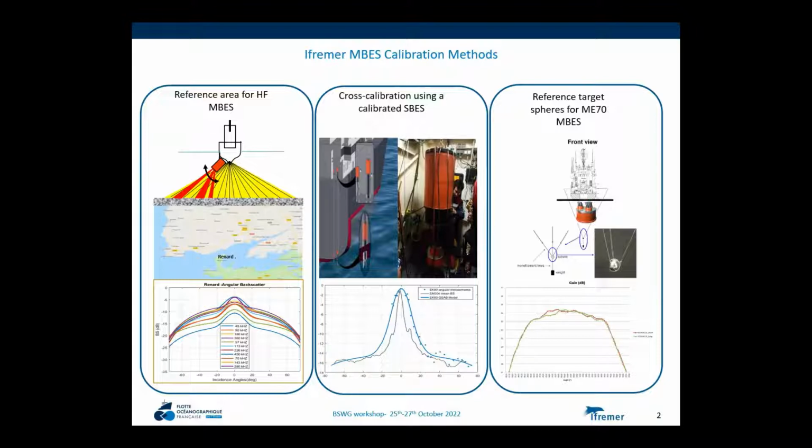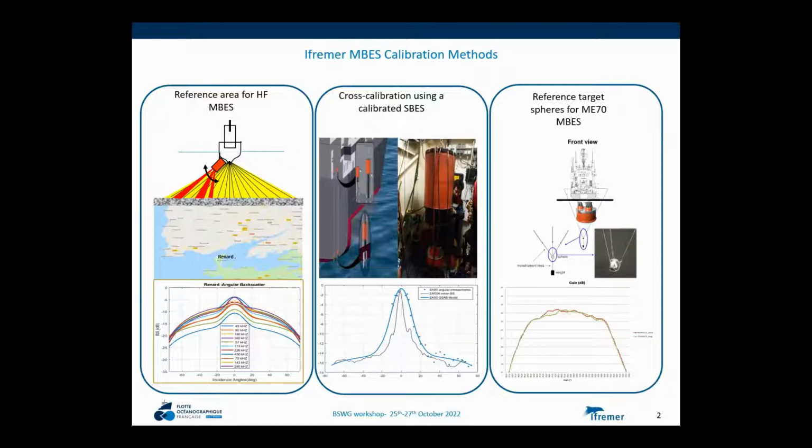So this is the first method. We use it a lot. All our ships come to this area before campaigns with the modes they want to use, and we can post-process the data and estimate the backscatter correction to have the absolute value.